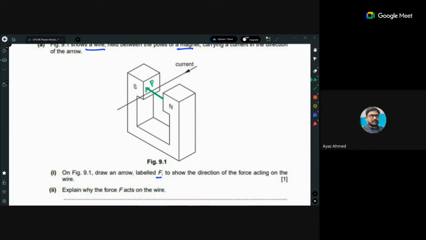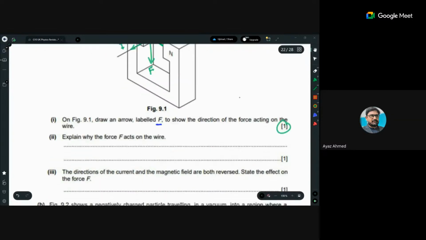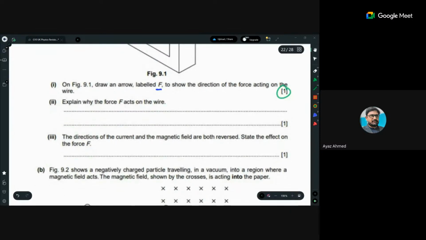Yes, very good. Good, okay. So you are not supposed to draw all these three arrows; you will draw just one. Okay, then question number 2.